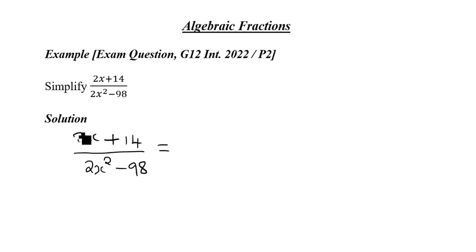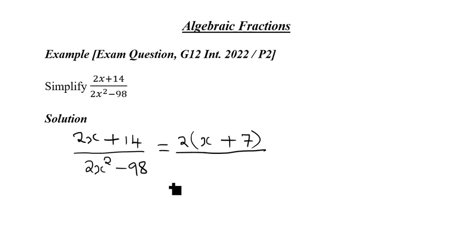We know that there is a common factor here. 2 is common. 2 can go into 14 7 times. So we can factorize the numerator. It will be 2, then in the brackets, x plus, 2 goes into 14 how many times? 7 times. So we have managed to factorize the numerator.